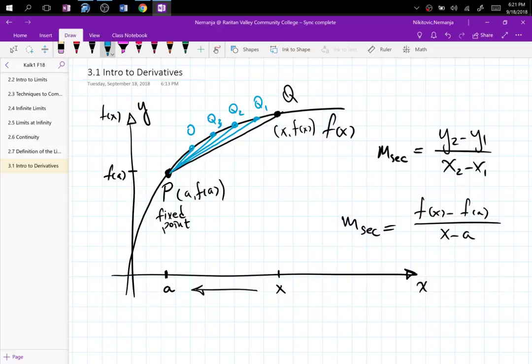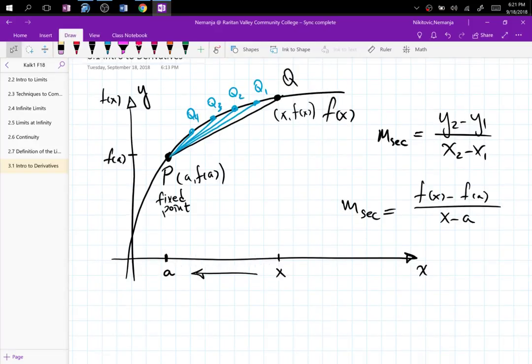Every time we take a snapshot of Q, it's going to have different values which we can plug in here and calculate the slope, because we always have two distinct points, P and Q, or Q1 or Q1000, whatever.